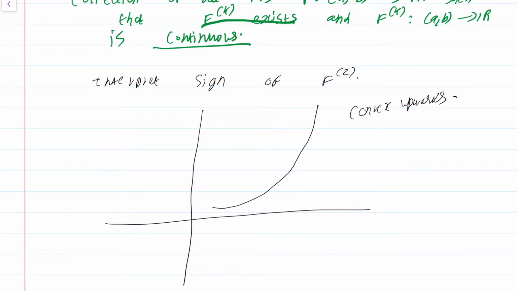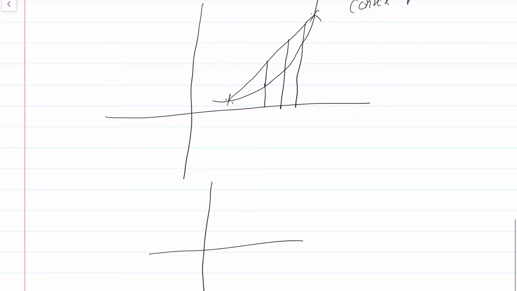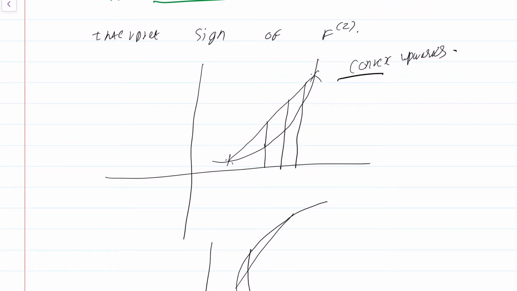This just means that if I take 2 points on the curve and consider the line joining those 2 points, then the curve lies beneath that line always at all points. The opposite of this is something that looks like this, and here if you join 2 points, it's not the case that the curve is below the line.